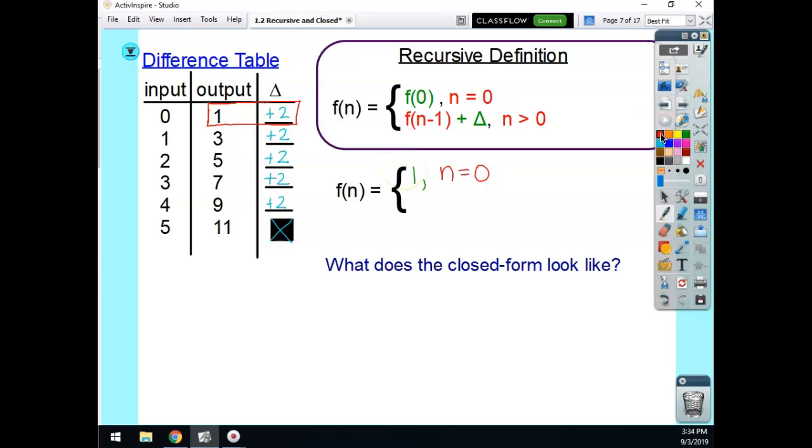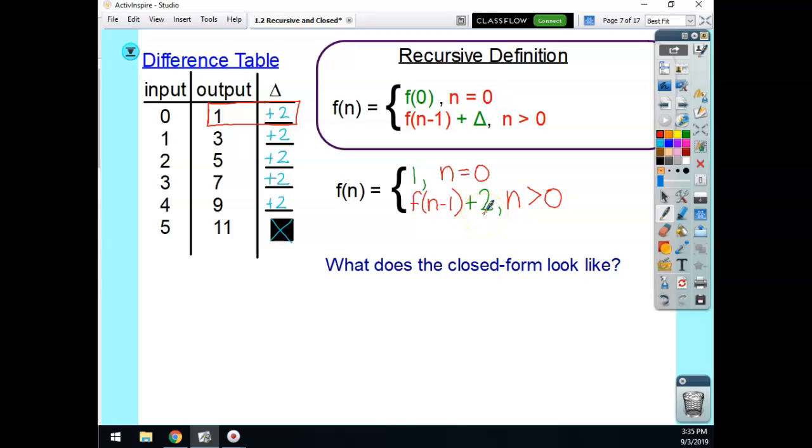For any output after that, we just take the previous output and we add delta to it. That is for any input that's greater than 0. So again, here's your output at 0, here's your f of 0, here's your delta.